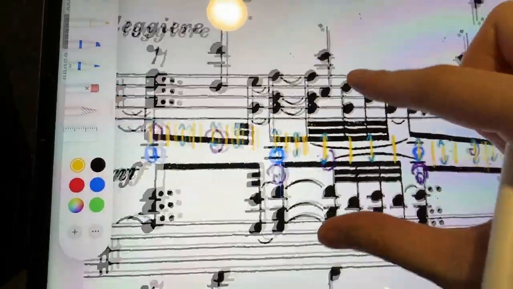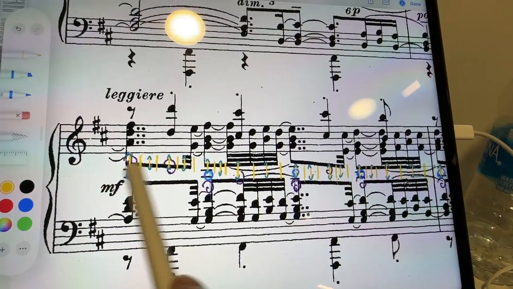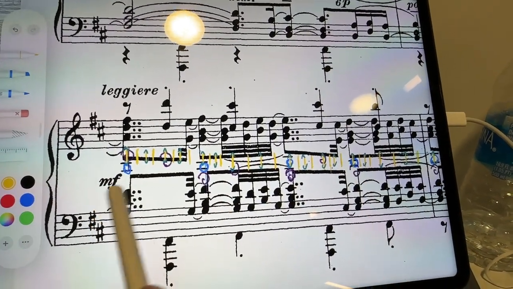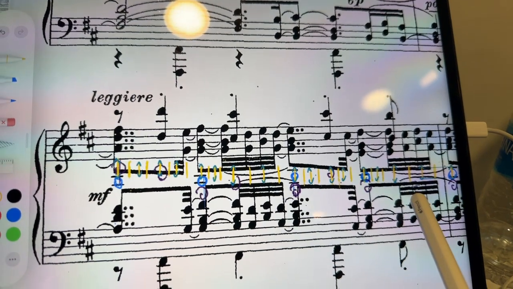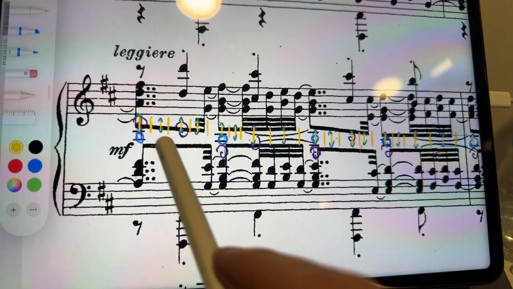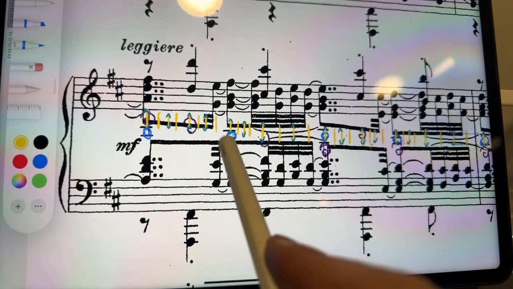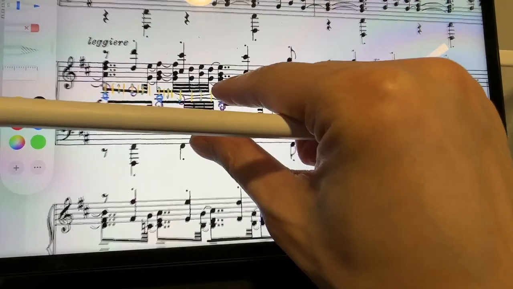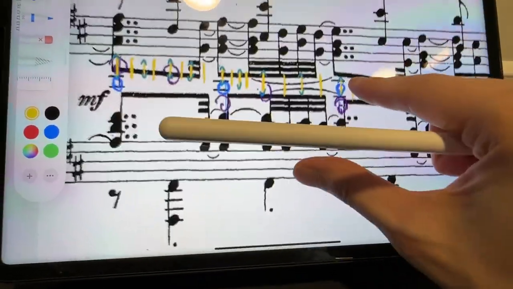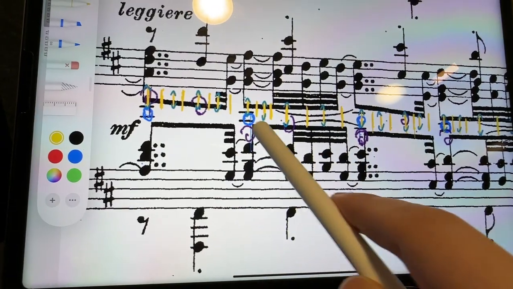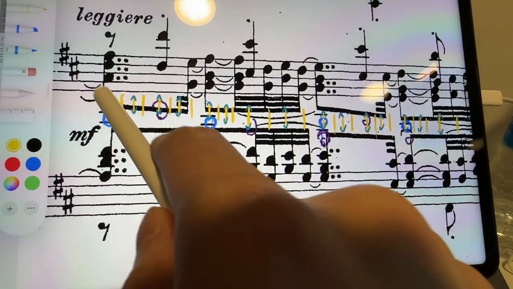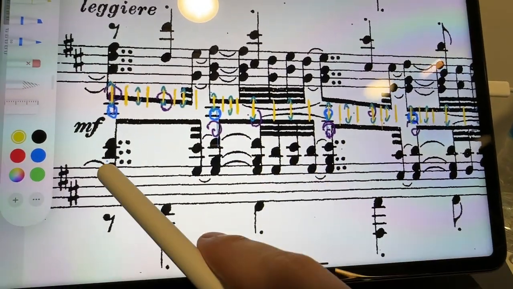So when we look at this, the blue circles are splitting this measure into quarters, basically, right? Each one of these, from circle to circle, is a quarter of a measure. And each of the spirals are splitting the measure into eighths. Each one of the spiral, from spiral to spiral, is an eighth of a measure.